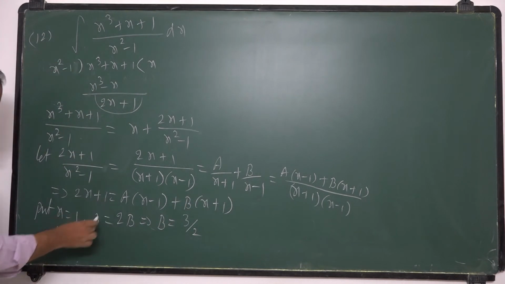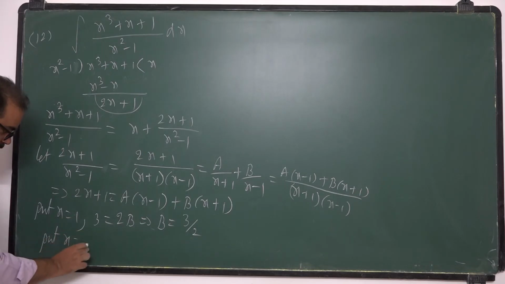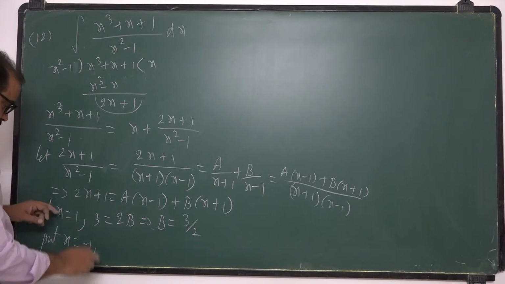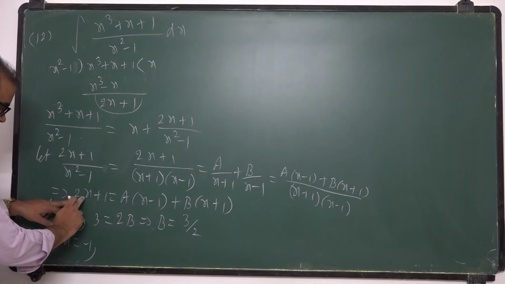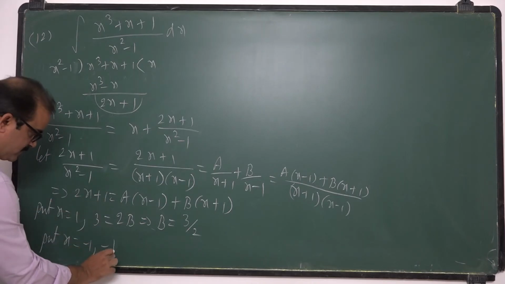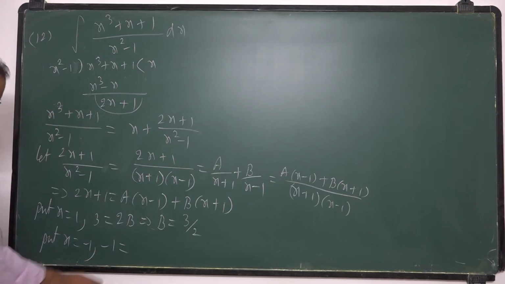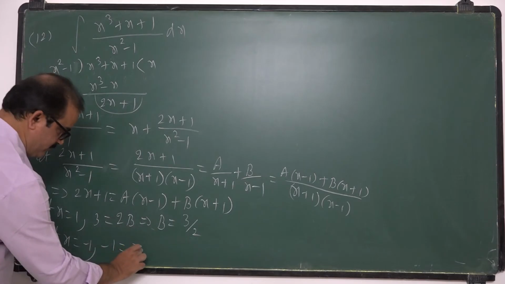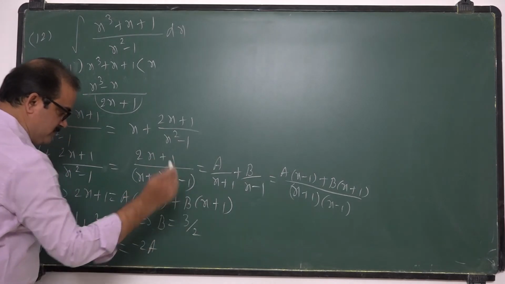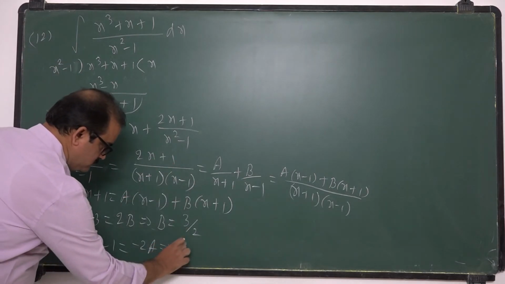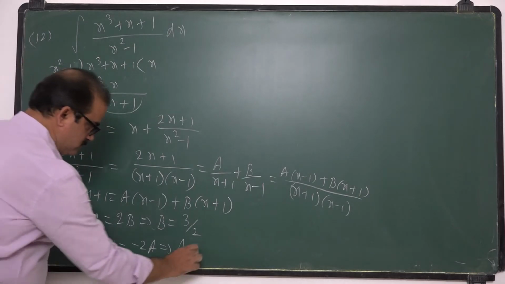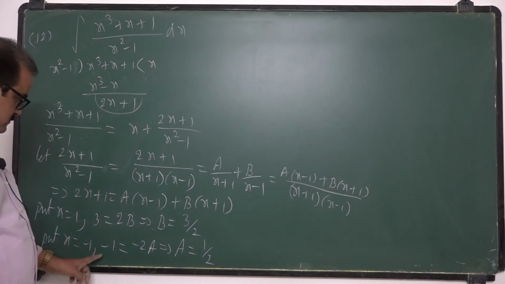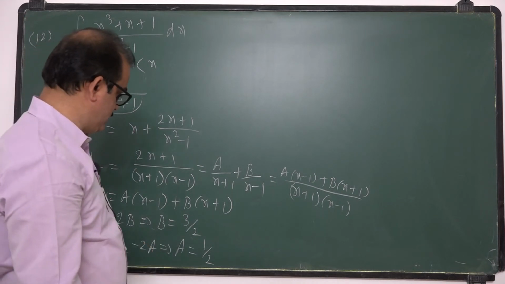Next, put x is equal to minus 1. LHS becomes minus 2 plus 1, minus 1, is equal to minus 1 minus 1, minus 2 into A. This term is 0. So A value is 1 by 2.